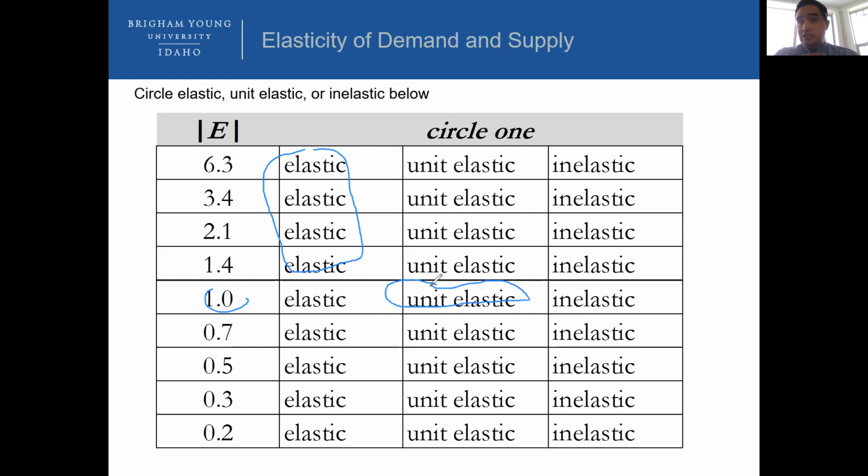So a one percent change in quantity corresponds to a one percent change in price, and vice versa. Inelastic means there's a much larger percent change in the price compared to the percent change in quantity. Anyway, that's how you fill out this one. I'm going to clear that.